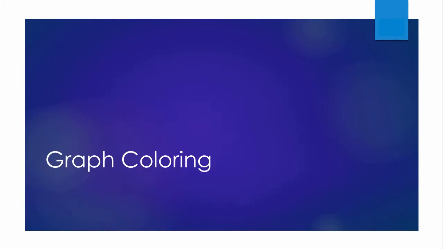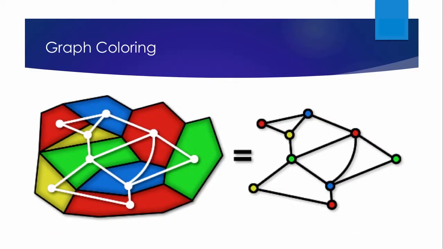So let us now discuss the concept of graph coloring in detail. Problems related to the coloring of maps of regions, such as maps of parts of the world, have generated many results in graph theory. When a map is colored, two regions with a common border are assigned different colors.